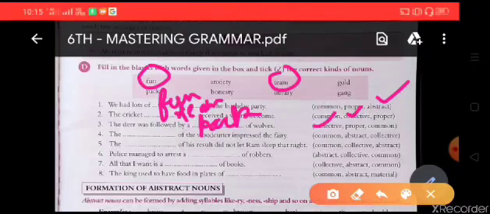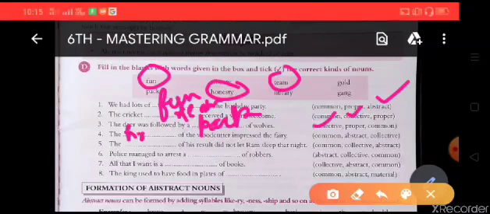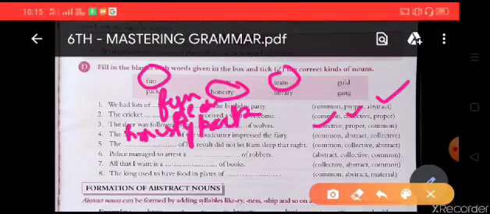"The honesty of the woodcutter impressed the fairy." So this is an abstract noun. Honesty is the abstract noun.